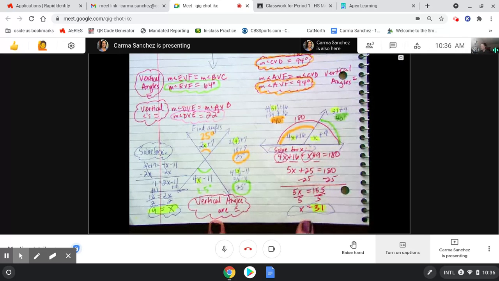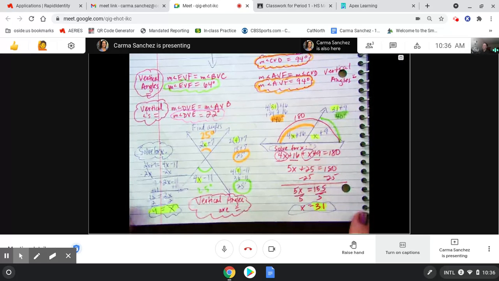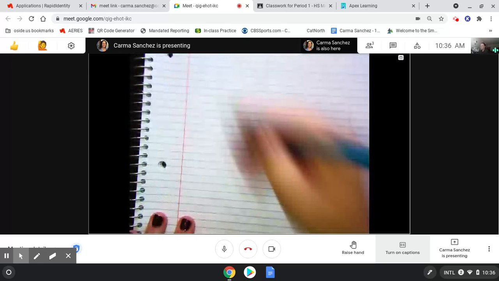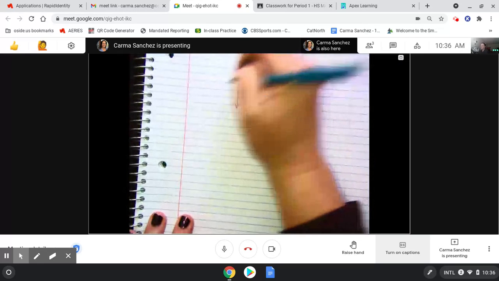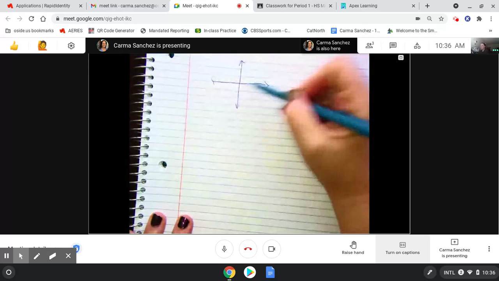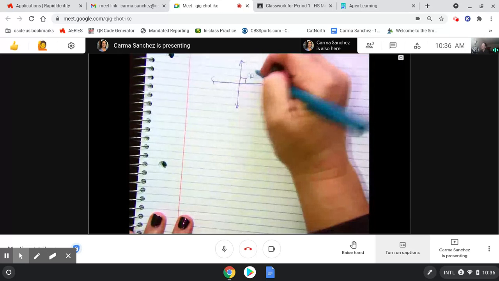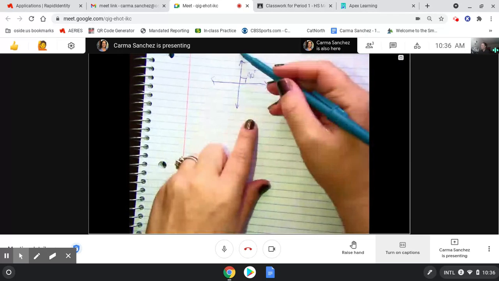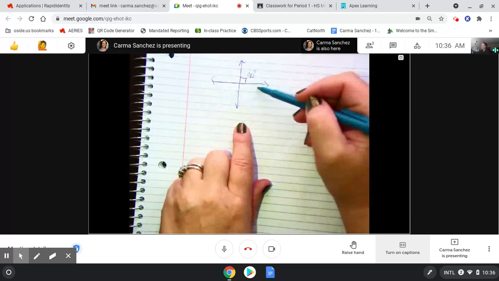What else is going to come up on this quiz? Some stuff about perpendicular bisectors. So the last comment I want to make for you guys is when you have two lines that are perpendicular, all we know about this is that this angle is 90. Because these lines go on forever, we can't say that either of these is being bisected.